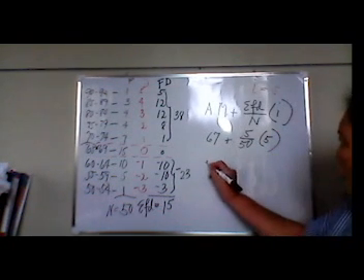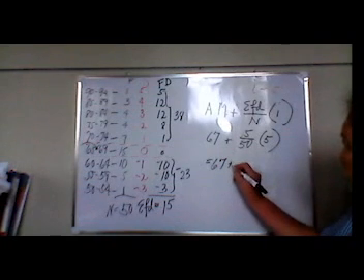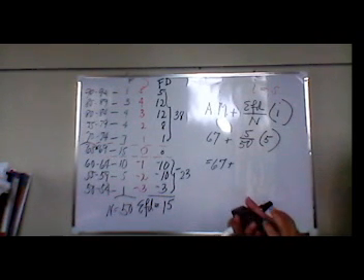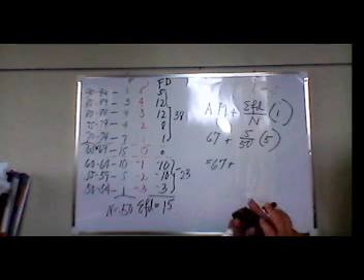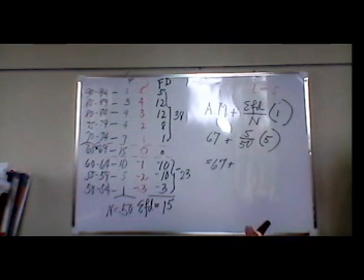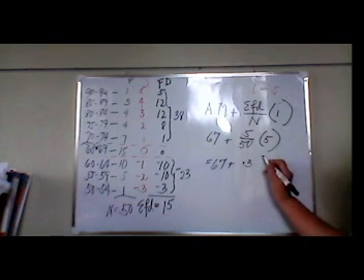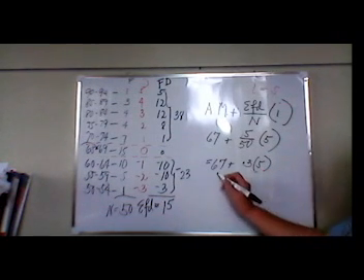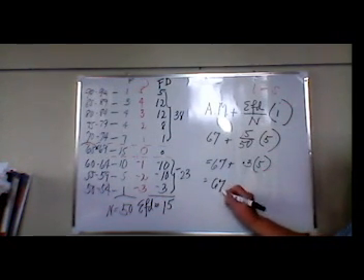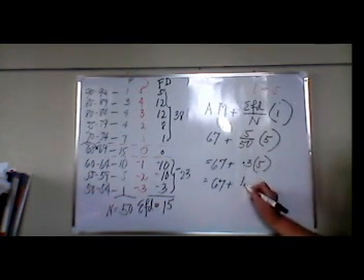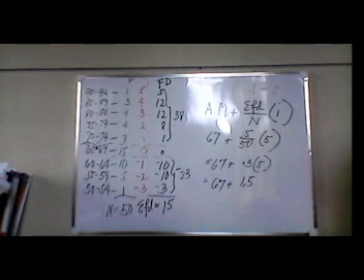Okay, so computing this now, we have 15 divided by 50 equals 0.3, times 5 equals 1.5. So 67 plus 1.5.